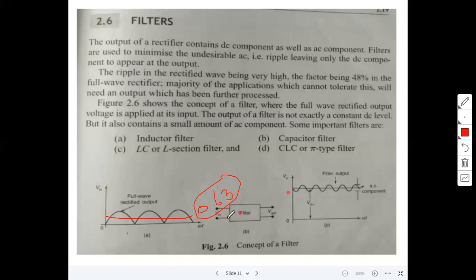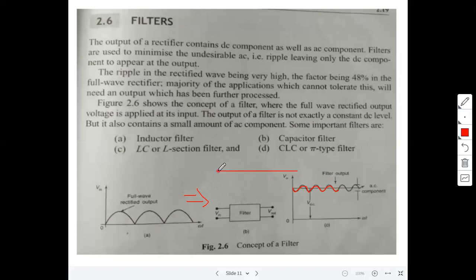Rectifier output is given to some filter circuit, then the output of the filter is like this. Here some ripples are shown in the filter output also, but it is almost constant.